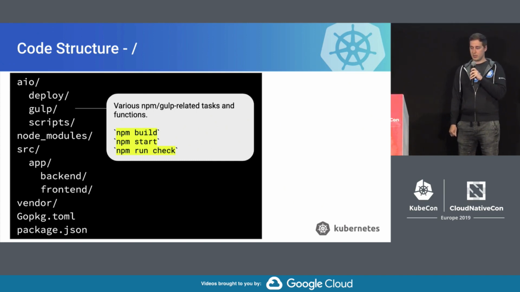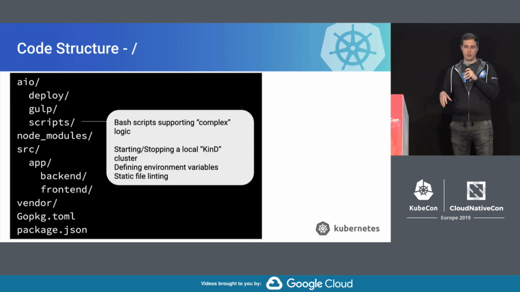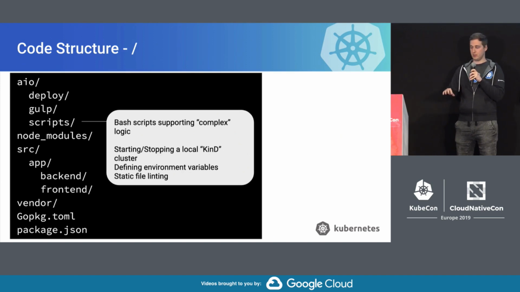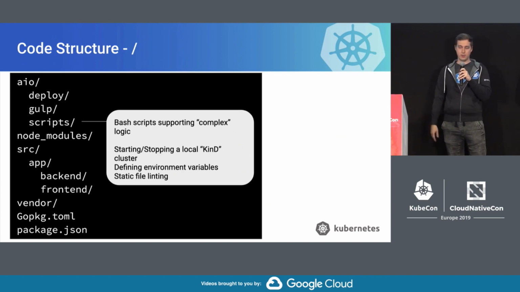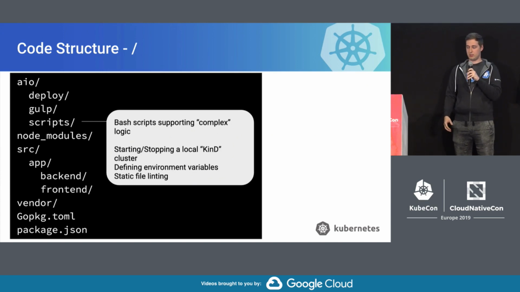And the scripts folder is the new way we handle our building, linting, formatting, and basically all that stuff in the project. All the stuff that we moved from Gulp is in the scripts folder. It's mostly bash that is run using npm.